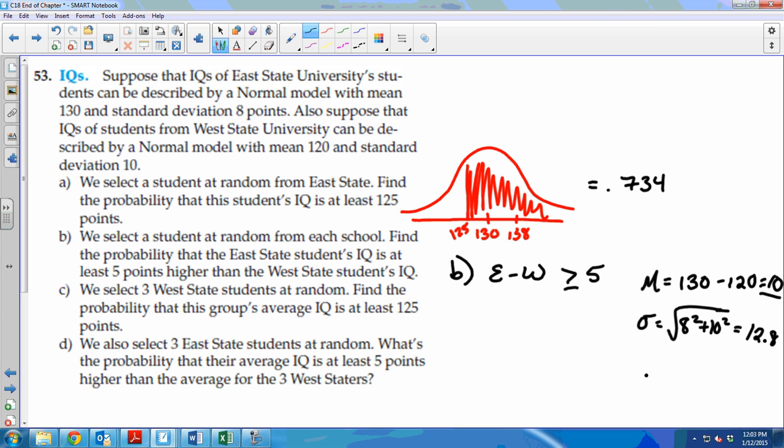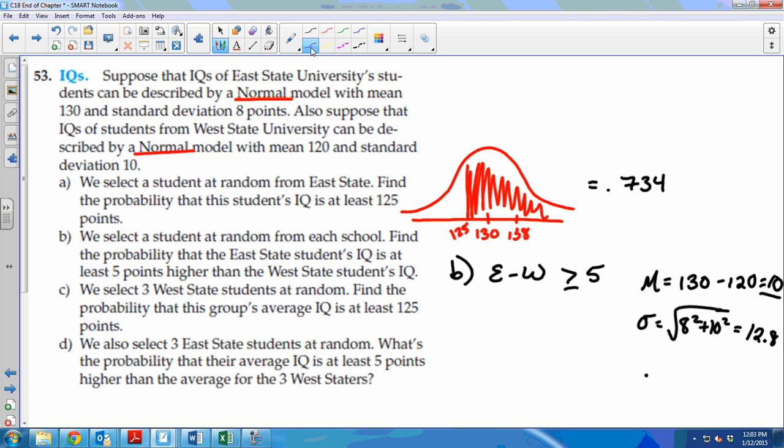Right? So when you're combining two random variables, you can't just subtract the standard deviation. You can't just add the standard deviation. You have to do variances, and so with variances, you always add, and I take the square root at the end. It says these are both normal to begin with, so this is still normal. We just have a new mean and a new standard deviation.